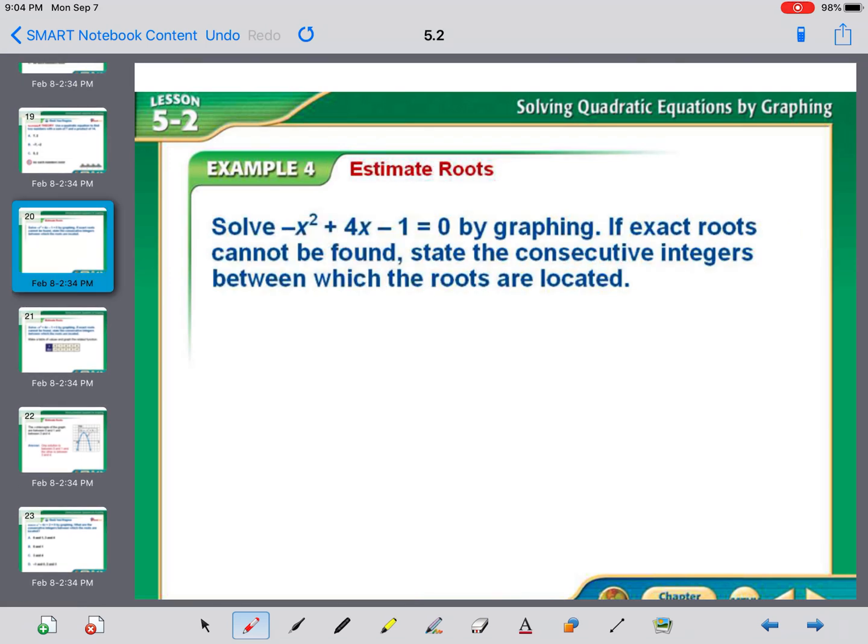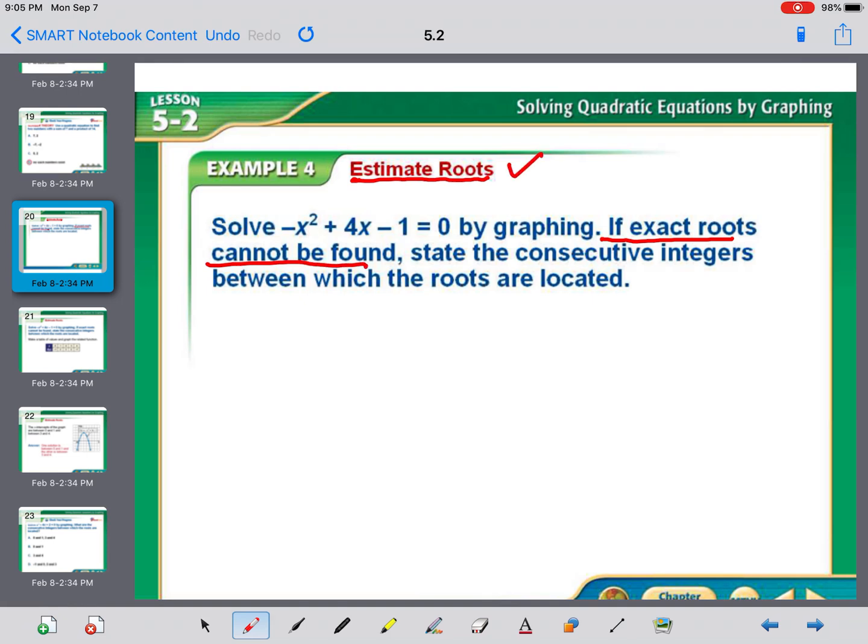Now, that's a similar problem. So I'm going to drop down here, and I think this is the one that I want to just look at for a second. So this is estimate roots. Not everything's factorable, so not everything has integral solutions.